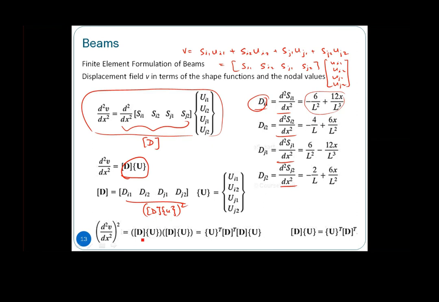We can write d u multiplied with d u. This d u itself can be written as u transpose multiplied with d transpose, so d u is equal to u transpose d transpose. If you want to prove it, it is also possible.